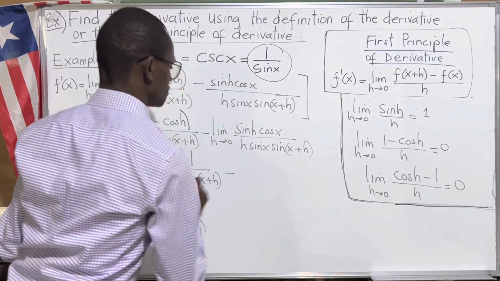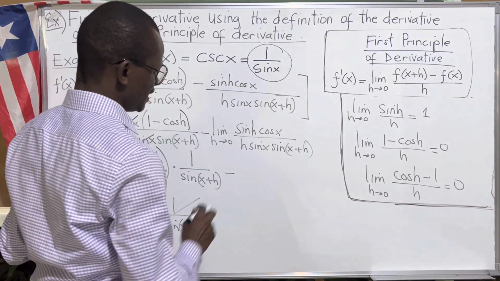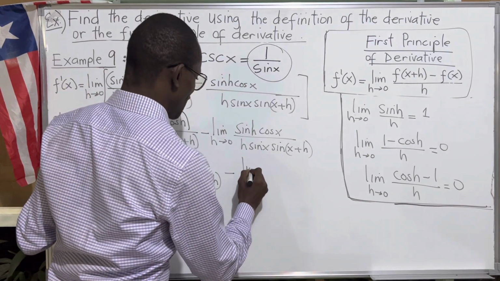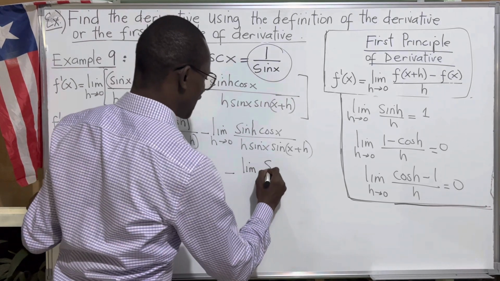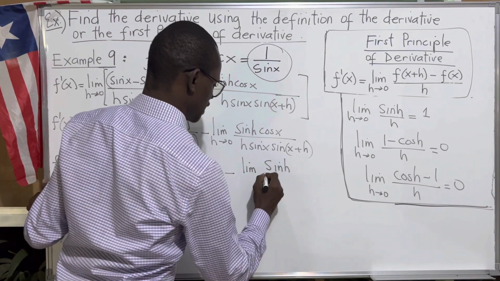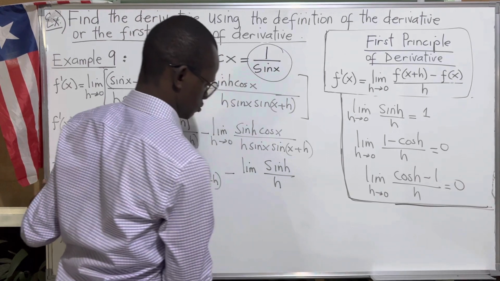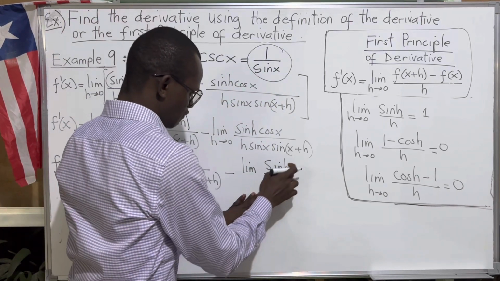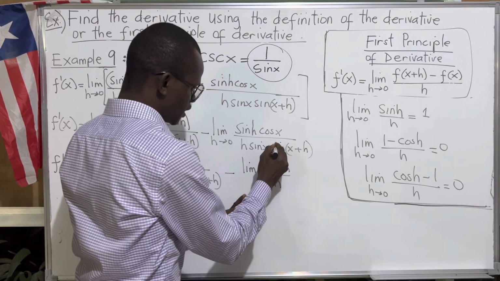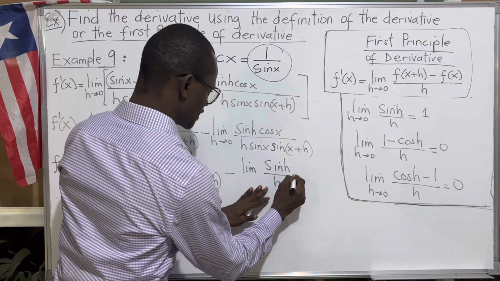We move to the next expression. In this expression, we have the limit of sine of h divided by h. We know that this whole thing gives us 1, so we want to maintain it.